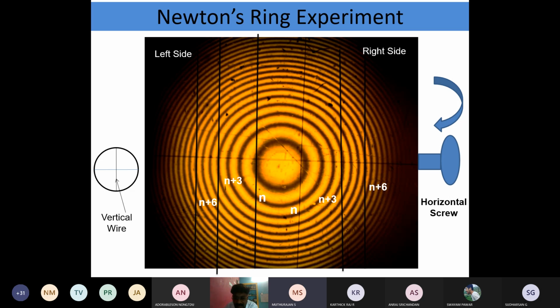There you fix your vertical wire and measure the changes. Similarly, for N plus 6, rotate the horizontal screw again and bring the wire from the N plus third position to the N plus 6th order, counting 1, 2, 3. So 3 lines we consider from that fixed point. This is the experimental method.